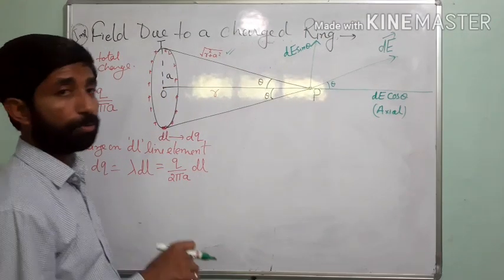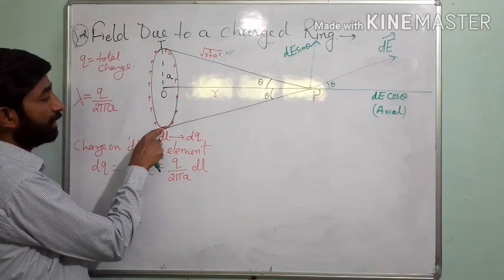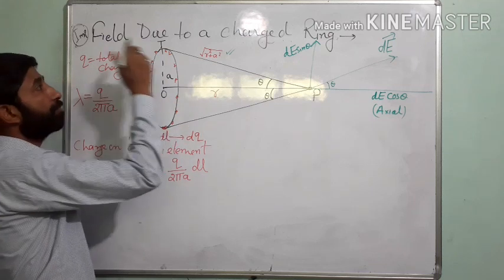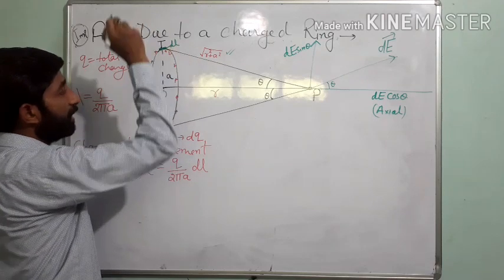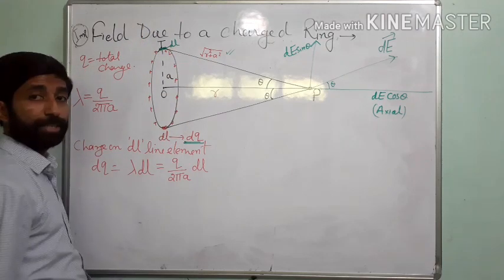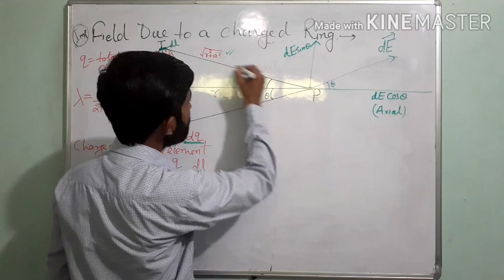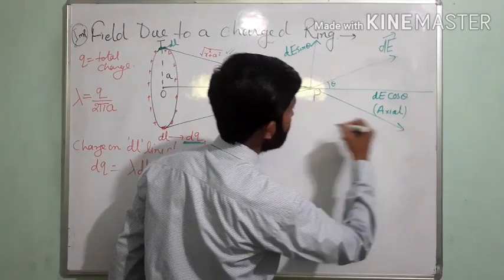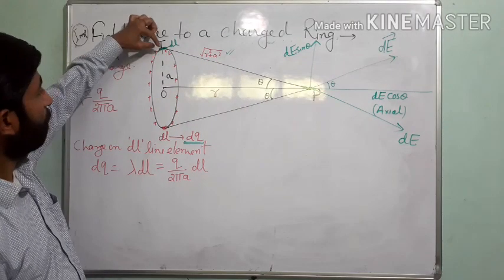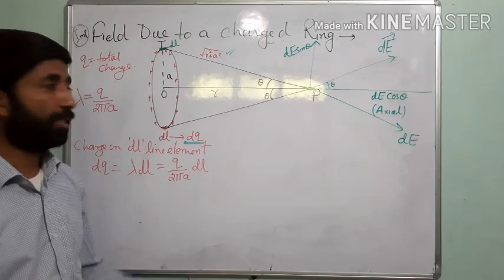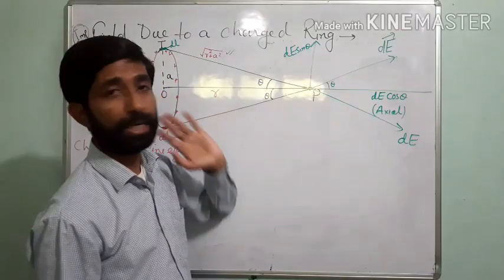Now come back to one more point, that is the diametrically opposite point of this segment. Obviously its diametrically opposite point will be here. This is another small element of length dl which has a charge of dq again. So this element will again produce a field along this line. Extend this line. This is again equal to dE, because we have chosen the two line elements equal to each other, so they carry the same amount of charge and will produce the same intensity of field at that point.